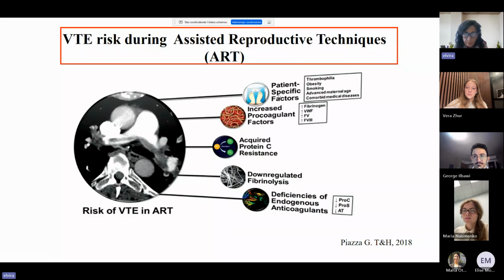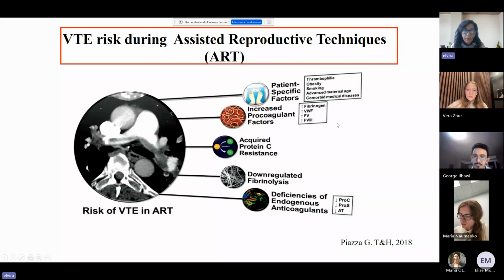So when a woman has or shows specific risk factors, for instance, thrombophilic risk factors, especially in a family with venous thromboembolic events, especially in young people, or in women with obesity or with smoking habits or other comorbidities, and especially in women with an advanced age, obviously we can have an increased risk of VTE compared to the background risk.